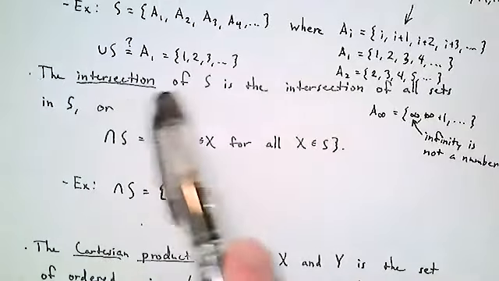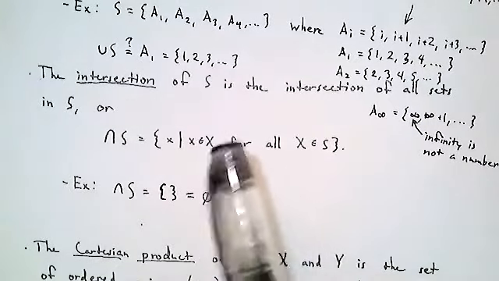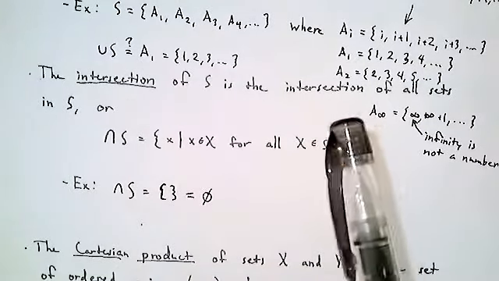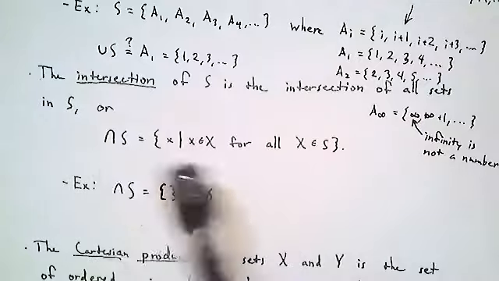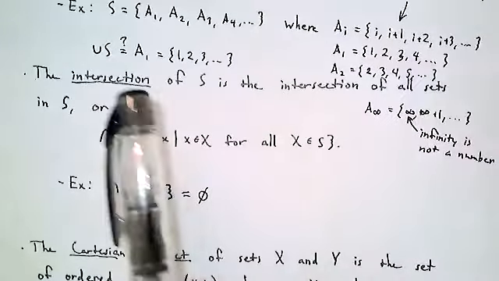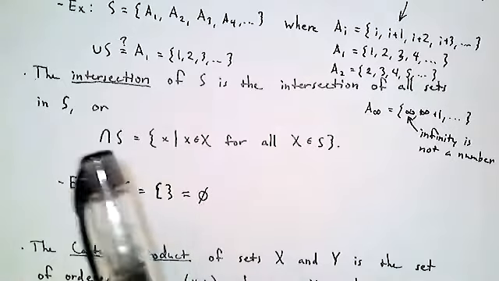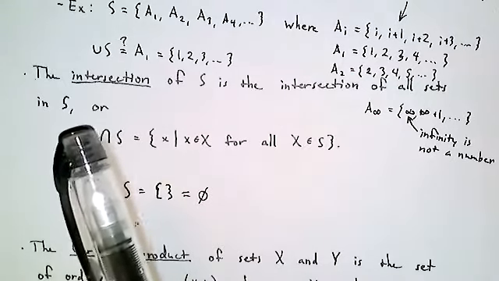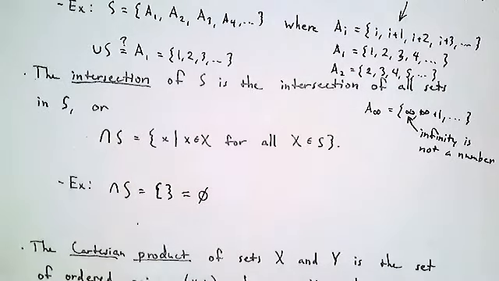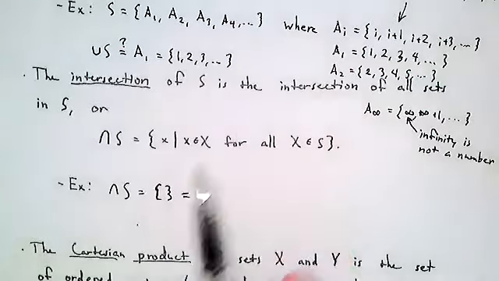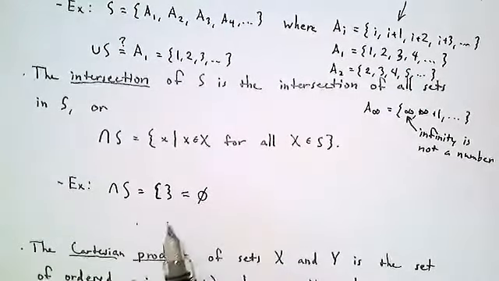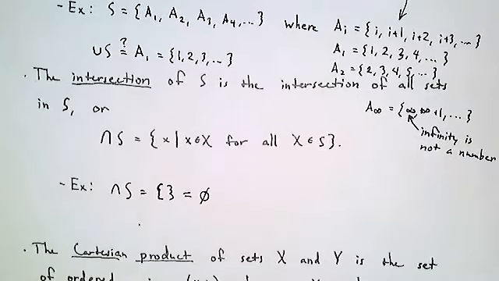So the intersection of a family is just the intersection of every set in your family. So if you're going to be an element in an intersection of a family, that means you have to be in each and every set in the family. Was your question about the definition or more about the answer to the question? More about the answer. Okay.